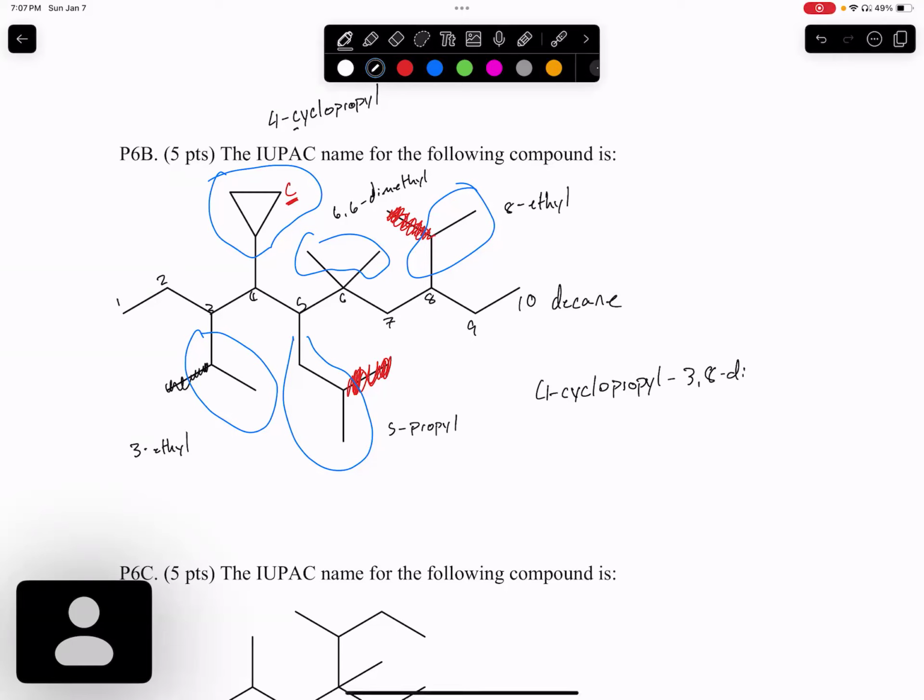So there's diethyl. 3, 8 diethyl. What else? And then 6, 6 dimethyl. Running out of space. Anything else? 5 propyl. Easy, right? Not too bad. Sort of.